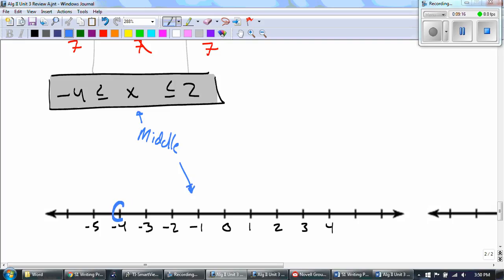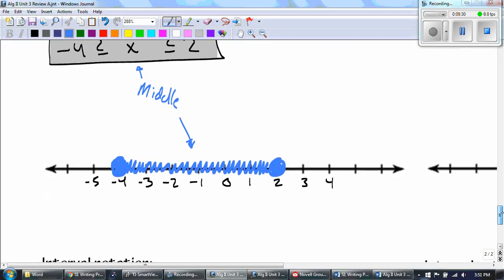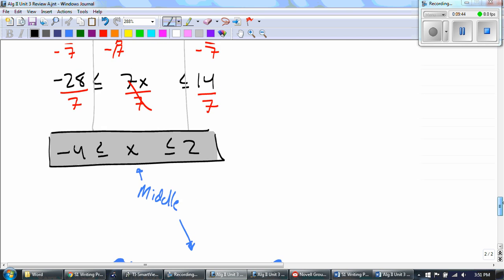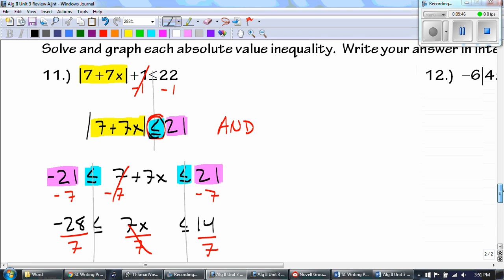At -4, we are closed, and at 2, I'm closed, and then I just said where to shade. And then writing that in interval notation, I'm closed at -4, and then I go to 2. All right.